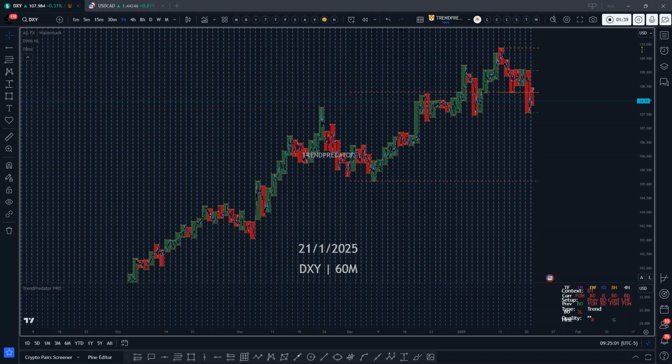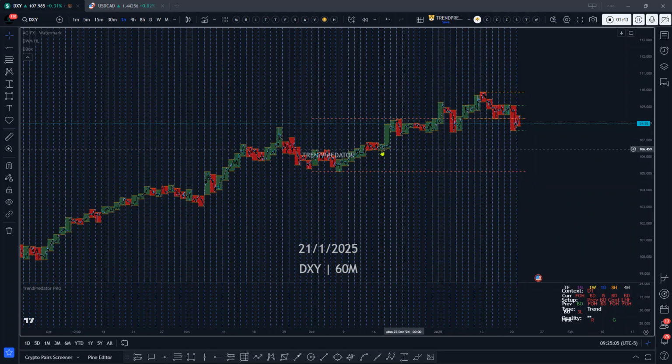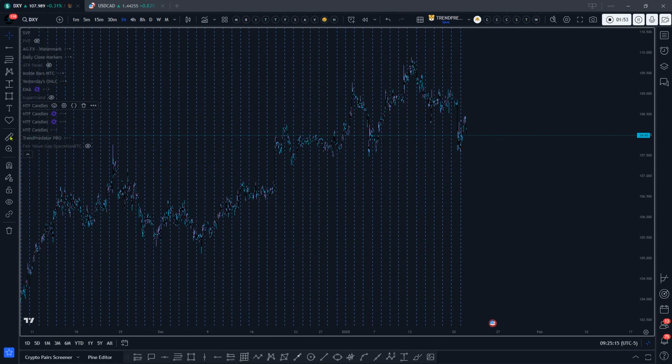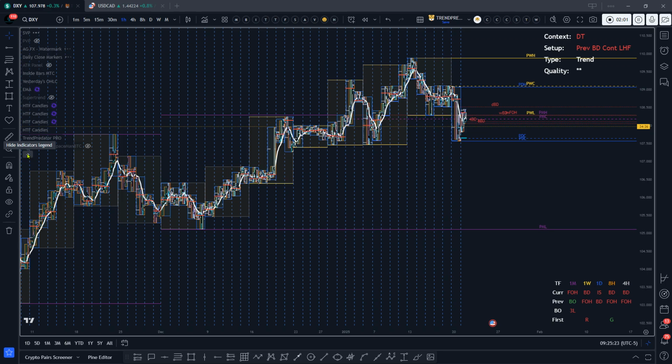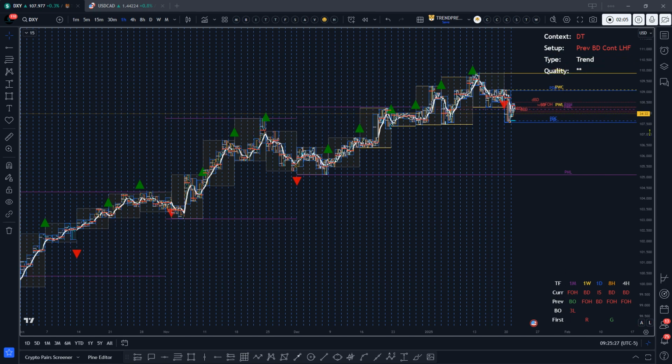So what this indicator has picked up on is last month broke out of the previous month's range. What we'll do, in fact, we'll just go into the go-to indicator template for this particular approach to day trading. And here we have everything mapped out nicely for us by the indicator.